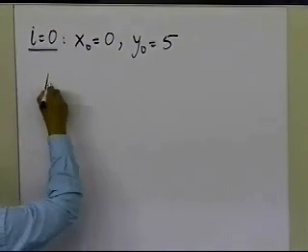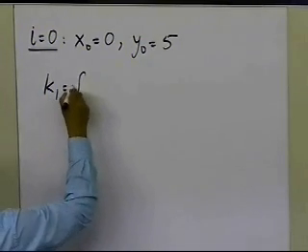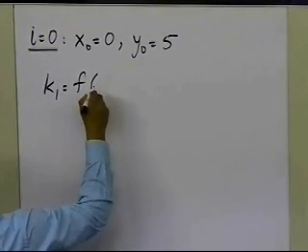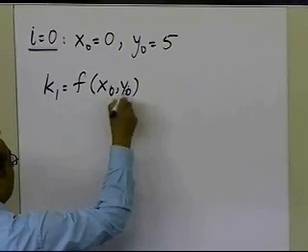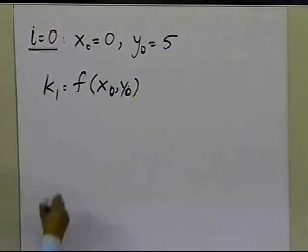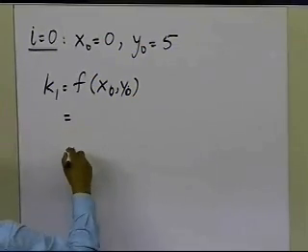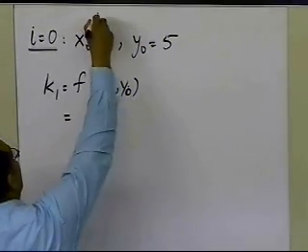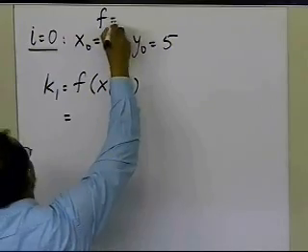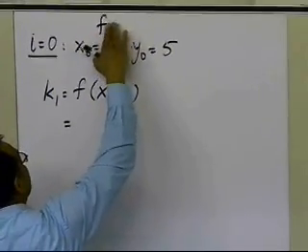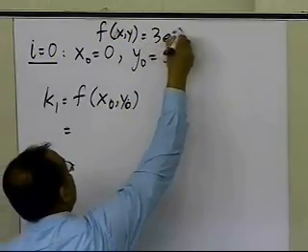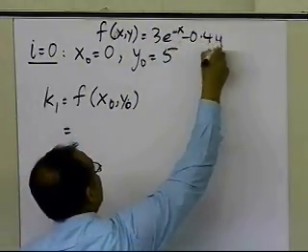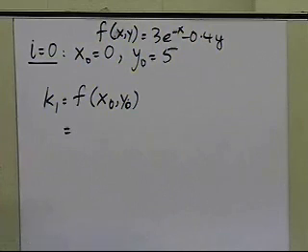I'm going to find my k1 now. k1 is the value of the function at x_i, y_i, so it will be at x0, y0. The function f of x, y is 3e^(-x) minus 0.4y, because that's simply the slope of y with respect to x.